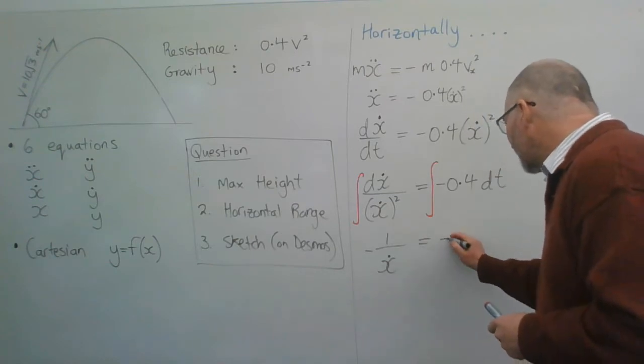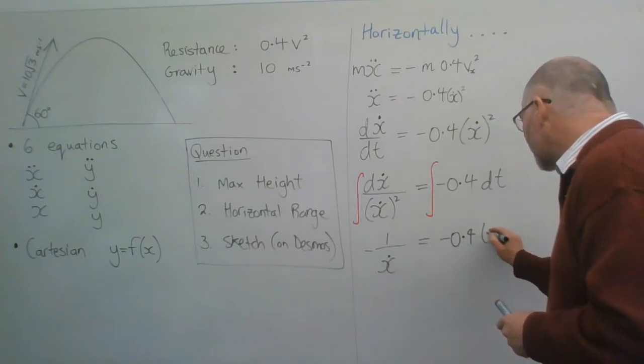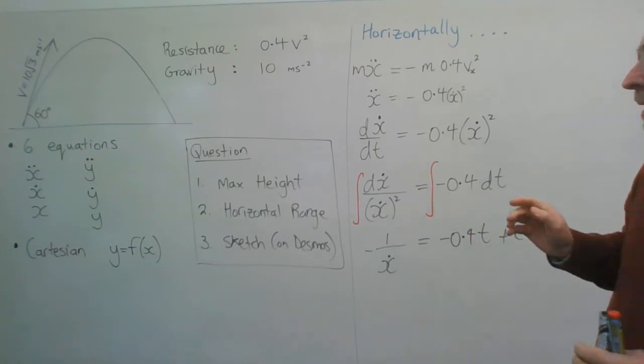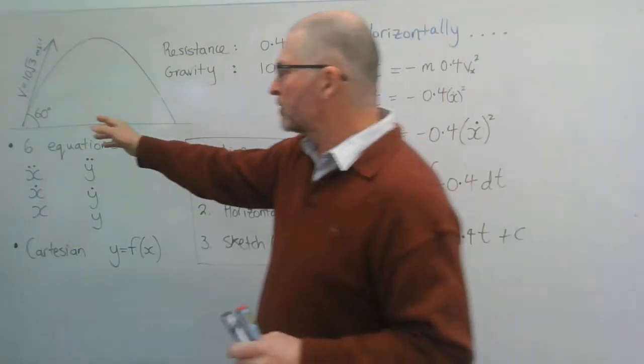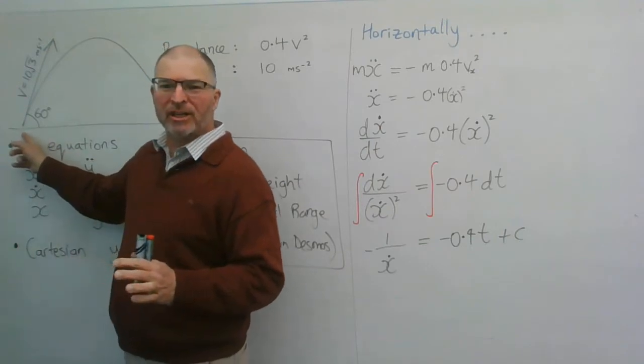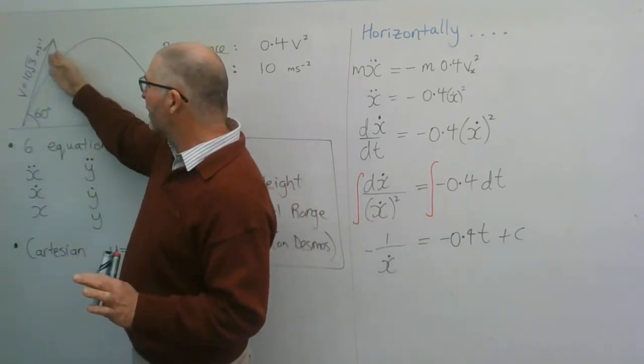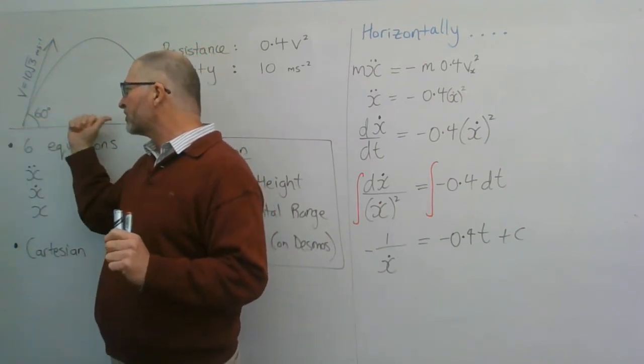And this will be negative 0.4 t plus c. Now we said we're going to choose this to be our origin, and we know also what our horizontal velocity is at the start.